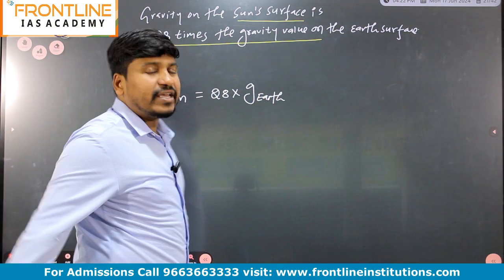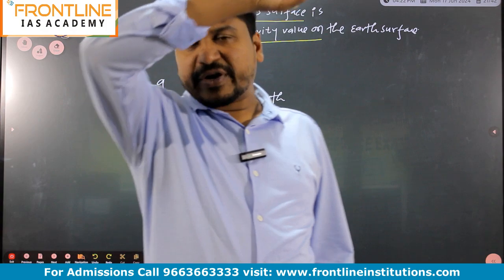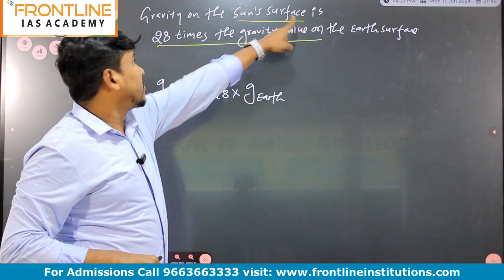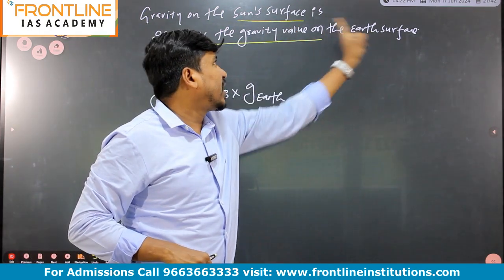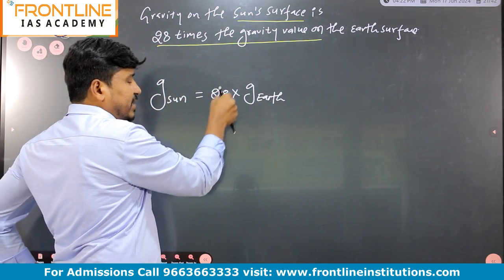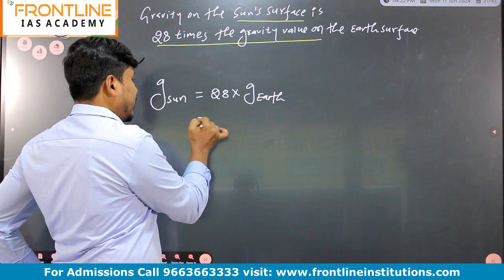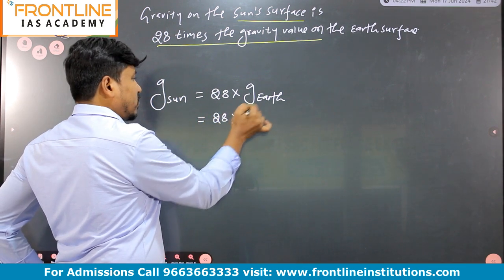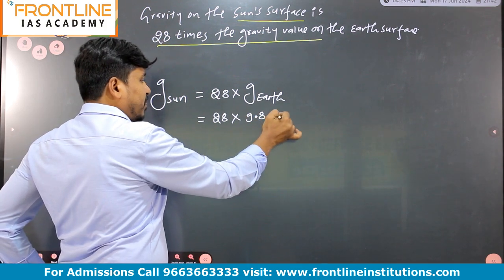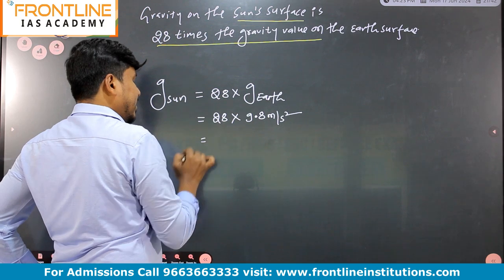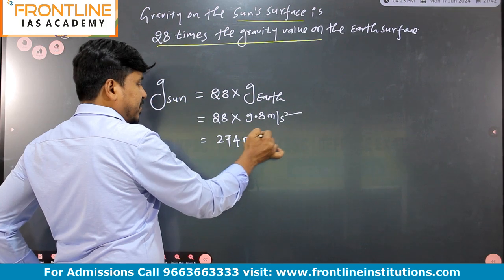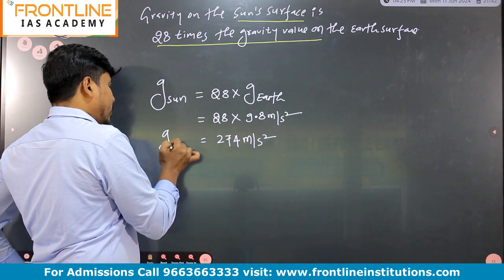Whenever you write it in a sentence, you have to write it in the equation also. So this is a sentence: gravity on the sun surface is 28 times the gravity value on the earth surface. So your gravity value on the sun surface is equal to 28 times the gravity value on the earth surface, and we know that, so 28 into 9.8 meter per second square, and it would be 274 meter per second square, right?